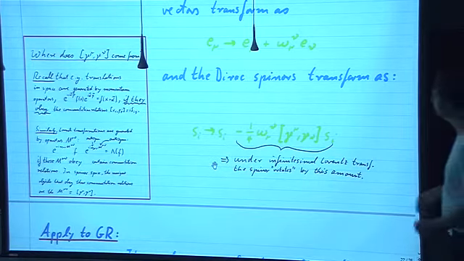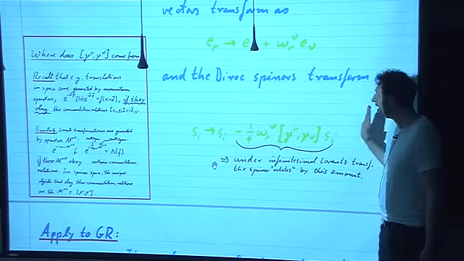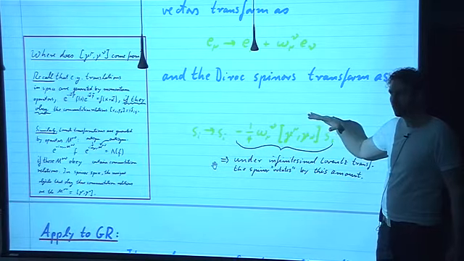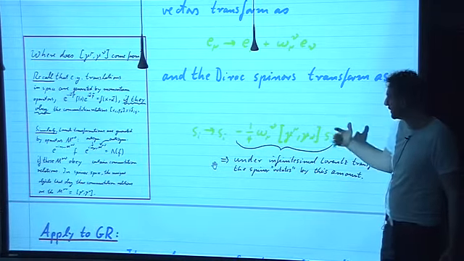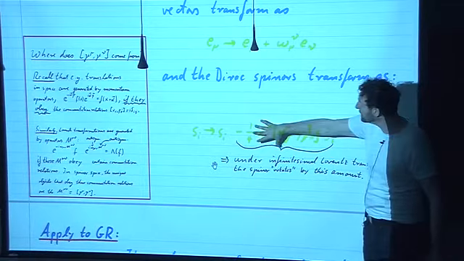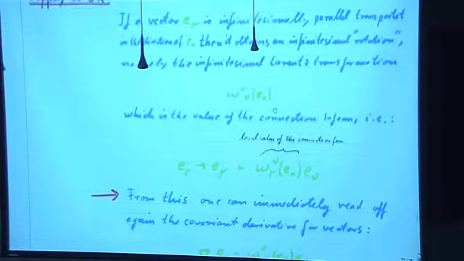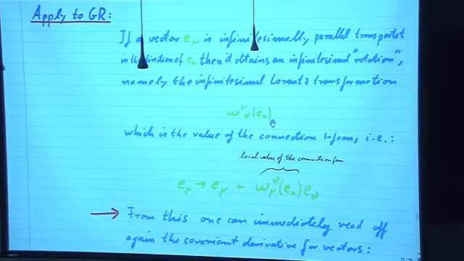And now all we have to do is say, well, okay, if that happens on curved space-time, and we have a parallel transport that generates an infinitesimal Lorentz transformation, then it should do this to the spinors. So we apply that to general relativity.